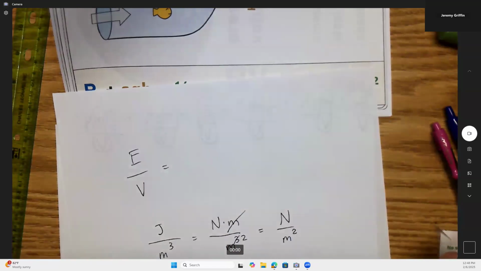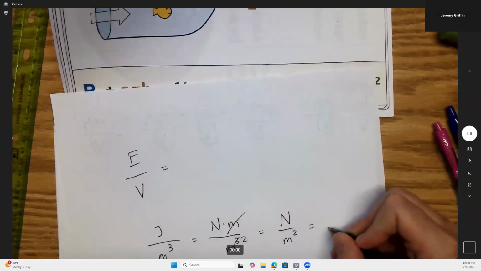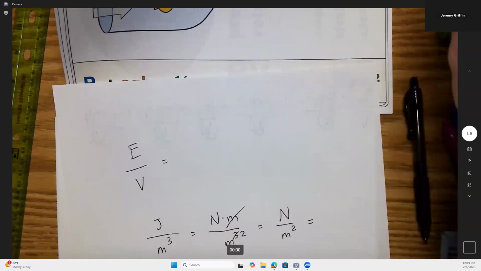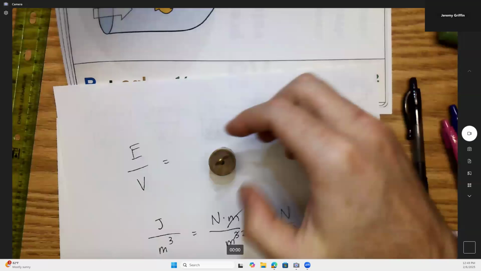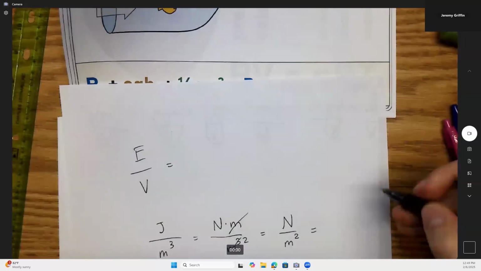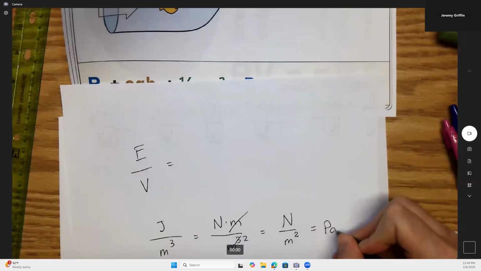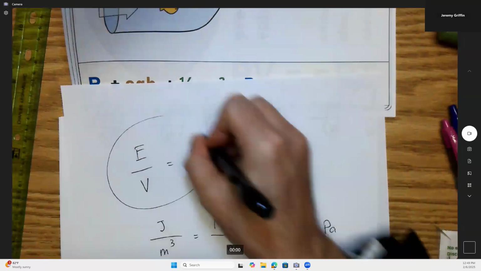Hey, newton per square meter. What is that? There's 1 newton weight on 1 square meter foam board. That gives you 1 pascal, which describes the pressure. Pressure. That's what that is.